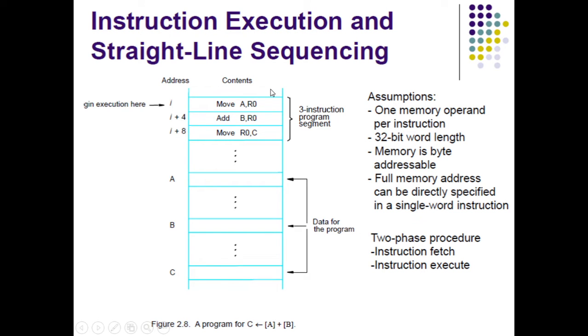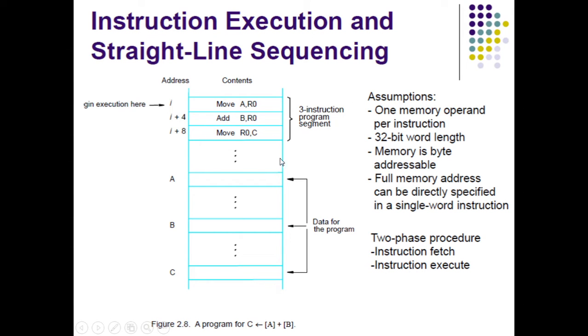What's the reason? Because each instruction is 32 bits long, and 32 bits is equal to 4 bytes. So 4 consecutive bytes are needed for representing each memory word. Okay, so this is the assumption here.